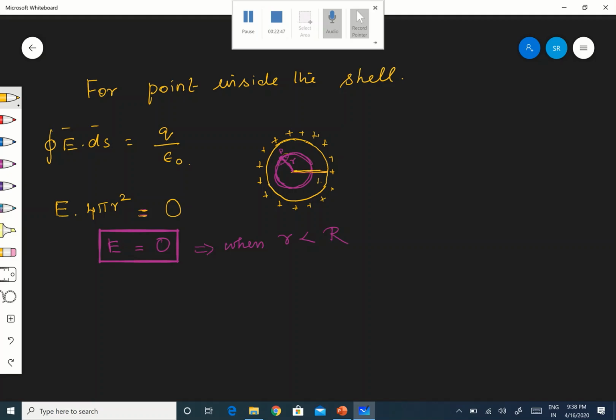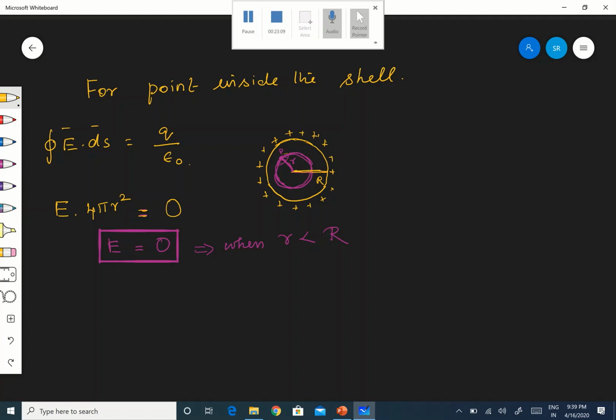So when the distance of the point concerned is less than the radius of the shell, you can say that E is equal to 0. Now I am going to plot a graph.